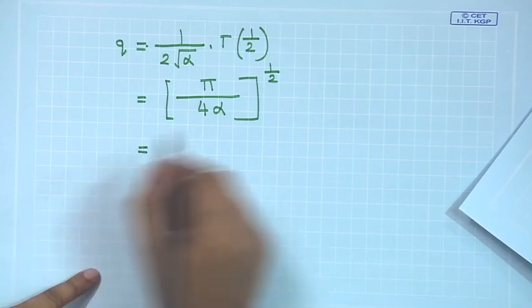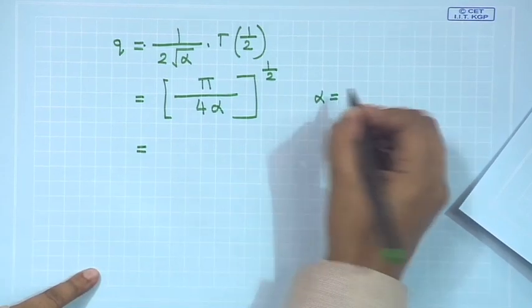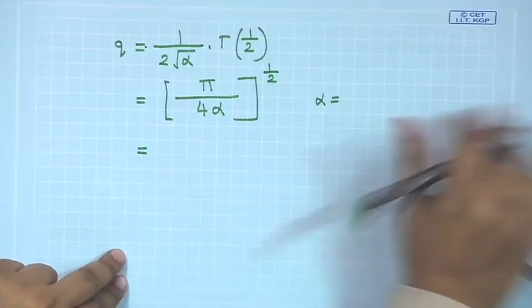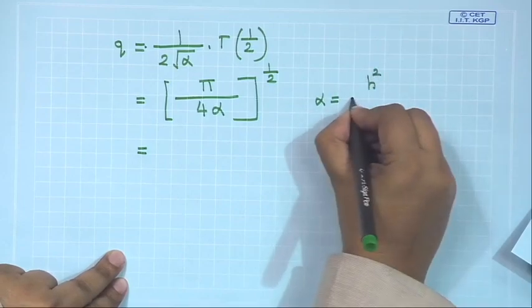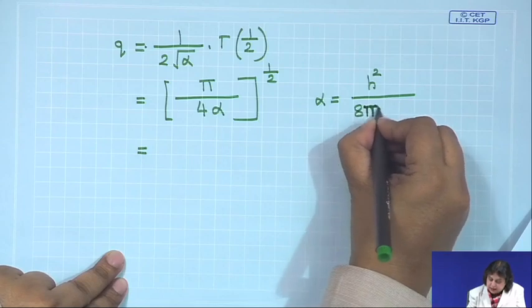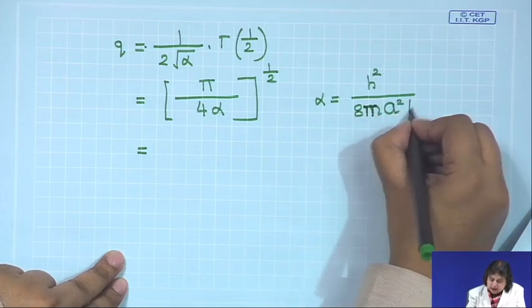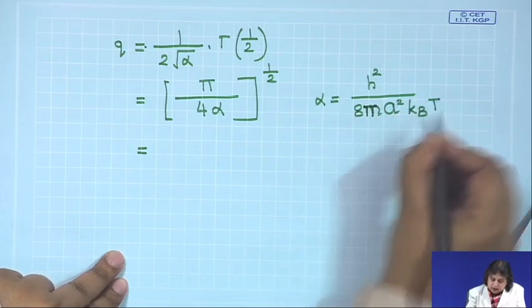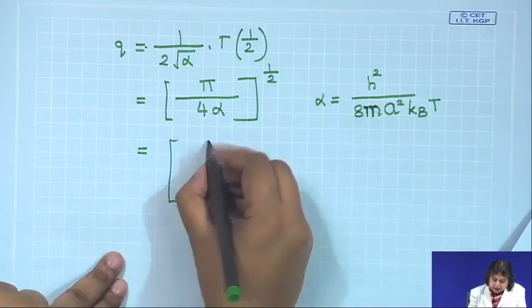Okay. Now, I do know the definition of alpha, and that is equal to h square divided by 8m a square kBt. I put it back over here. What do I get?